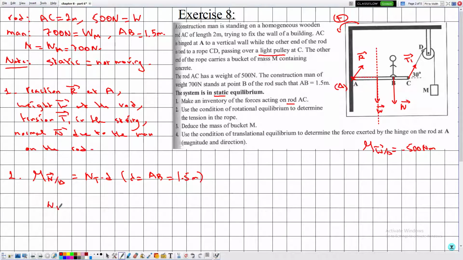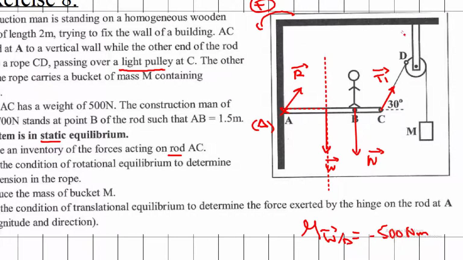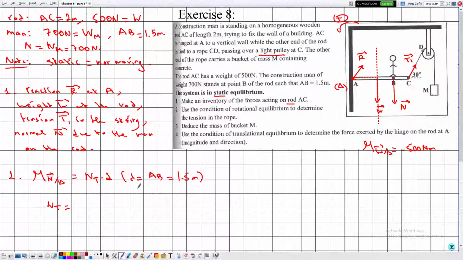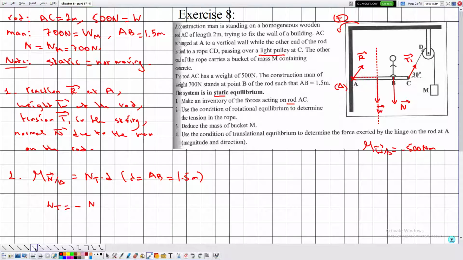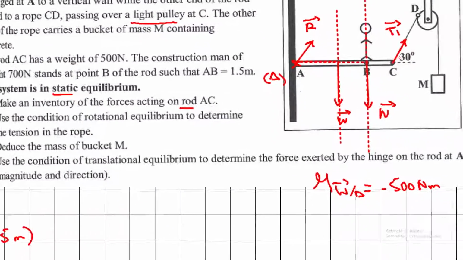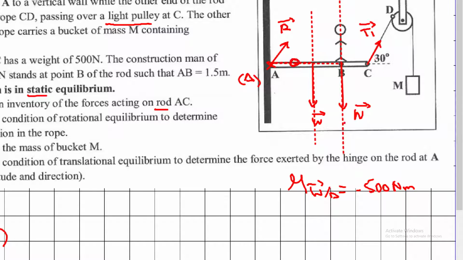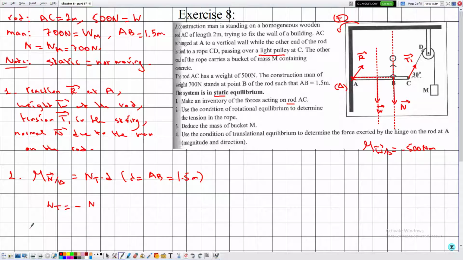And the tangential component of the normal: notice that the normal will try to rotate the system in the negative direction, so it's minus. Its magnitude is N. This is the tangential direction, and this is the radial direction. It's completely lying along the tangential direction, so no need for the cosine.